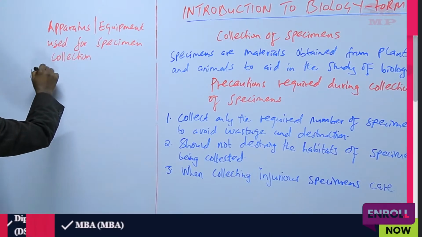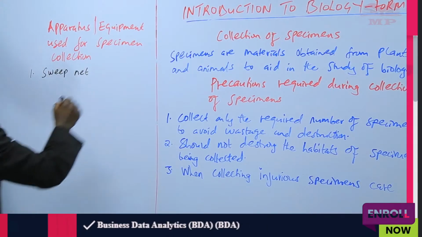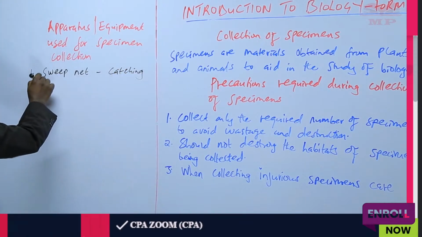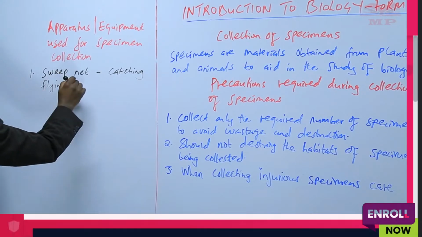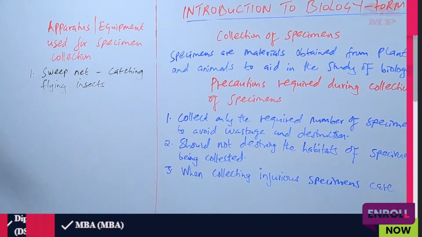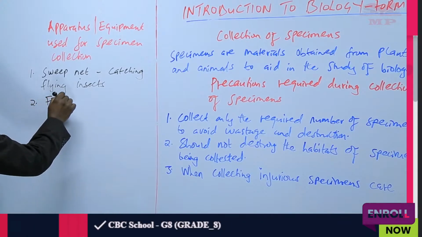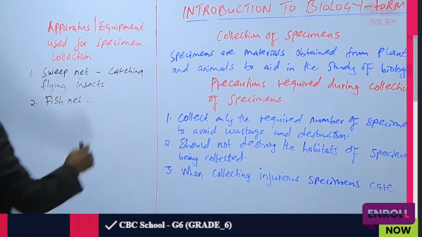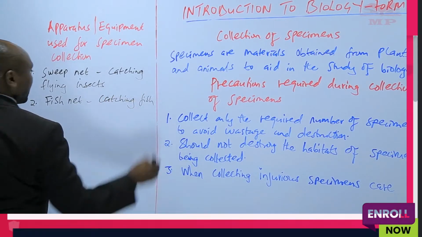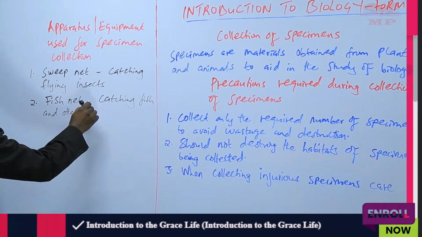For example, we have the sweep net. This one is for catching flying insects, things like the wasps and so on. We have the fish net. This one is for catching fish and other animals in water.